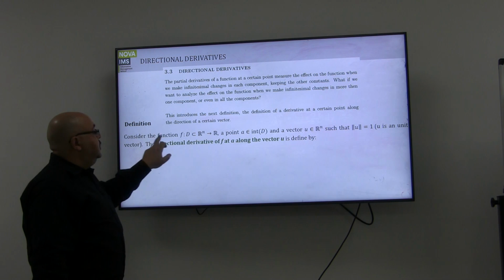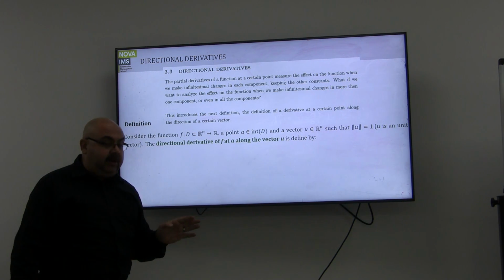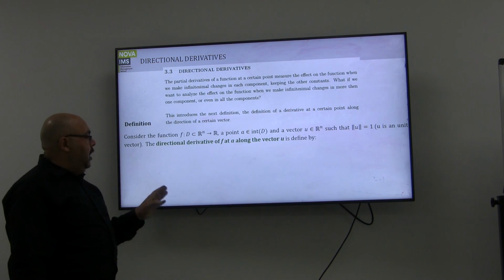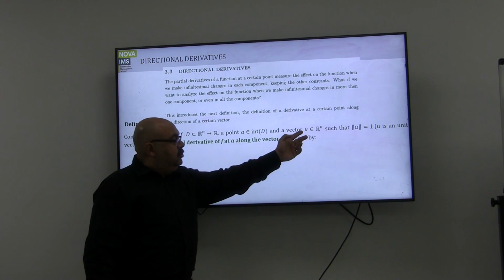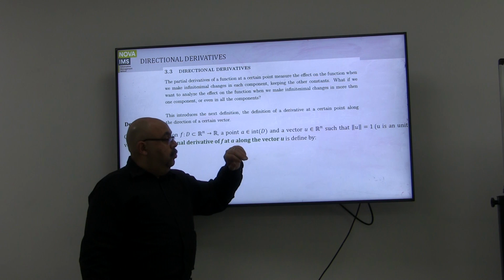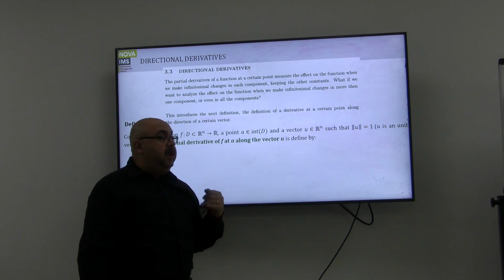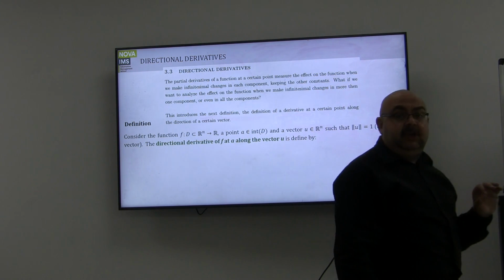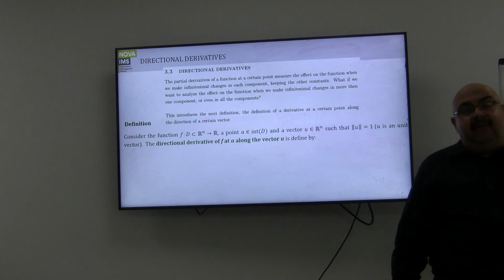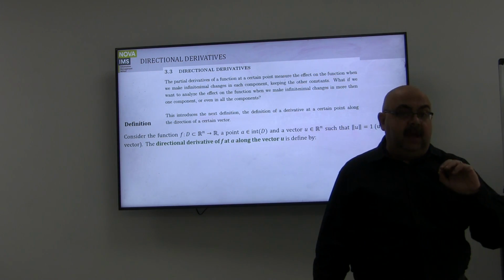So once more, considering the function f, which is running from Rn into R, and a belongs to the interior of the domain, and a vector u, which is preferable to be a unit vector, I can get the directional derivative, but not insisting on having the vector as a unit vector.